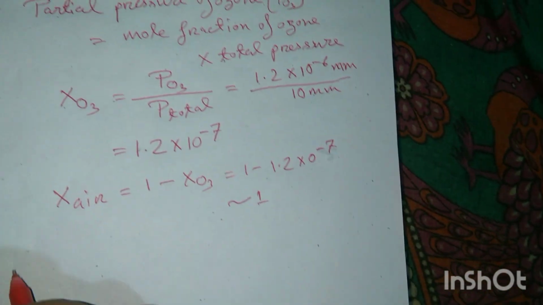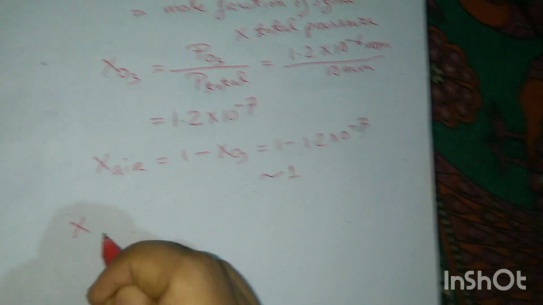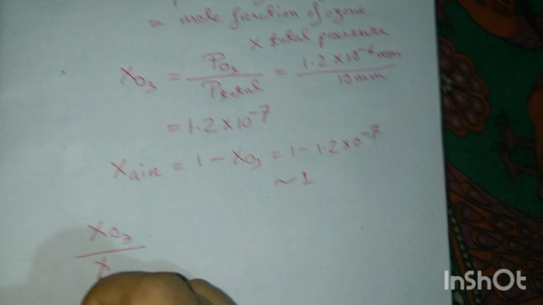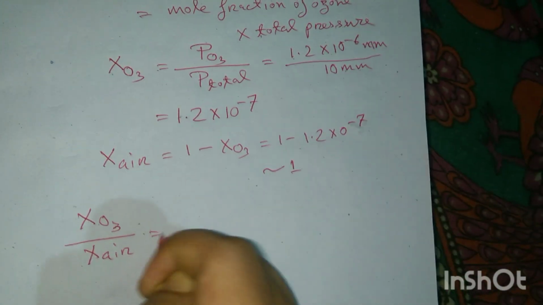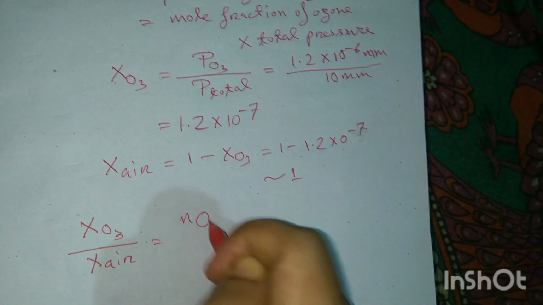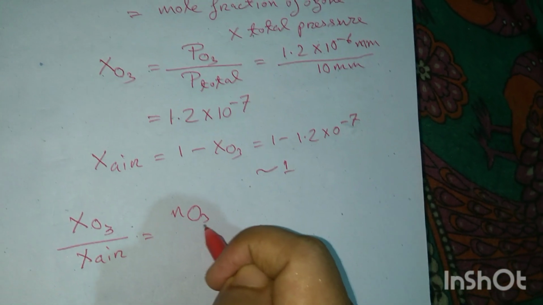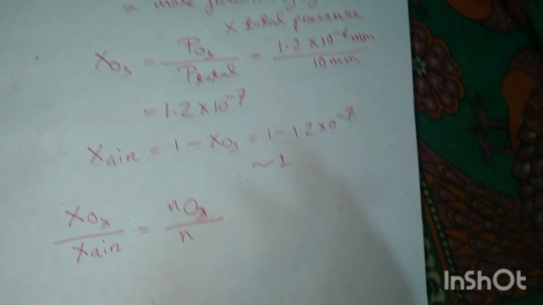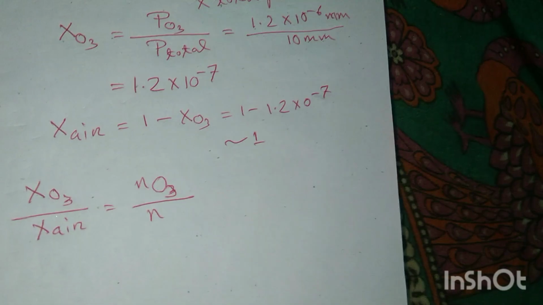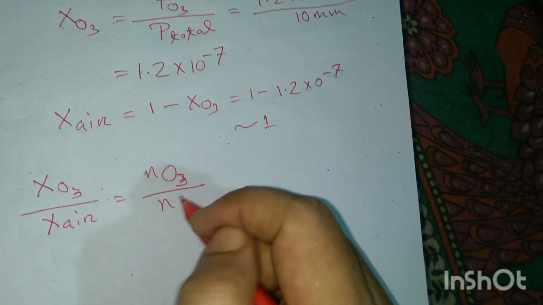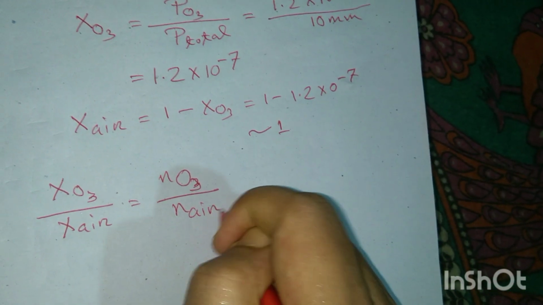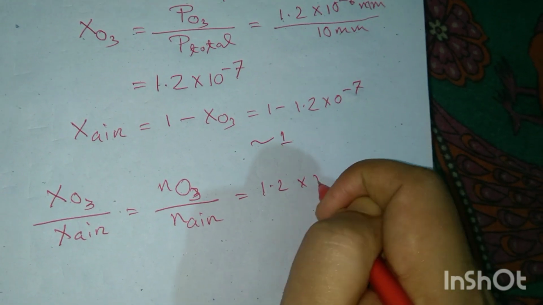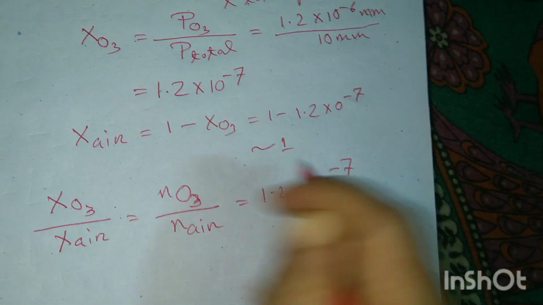Now XO3 mole fraction divided by mole fraction of air is equal to NO3 divided by moles of the air, which is equal to 1.2 into 10 to the power minus 7.